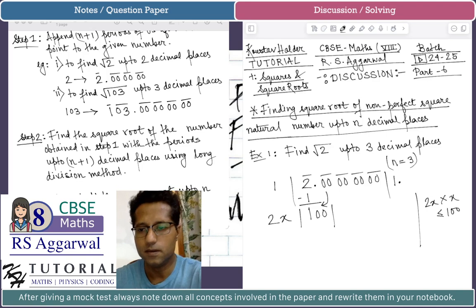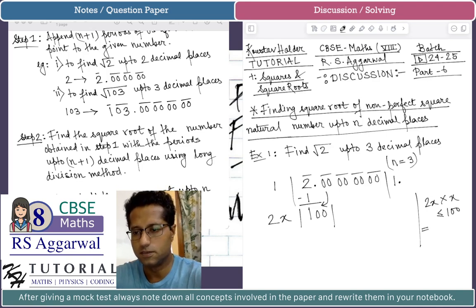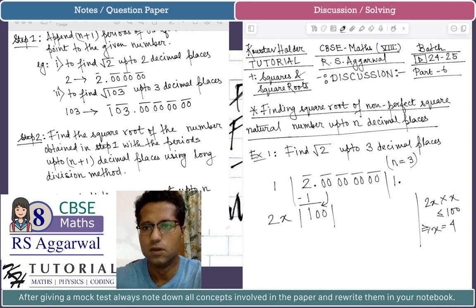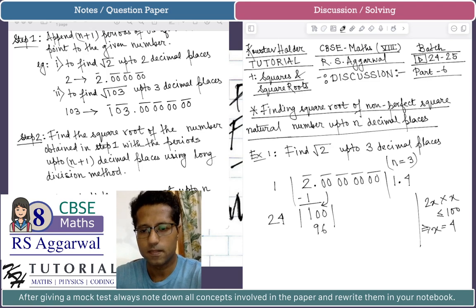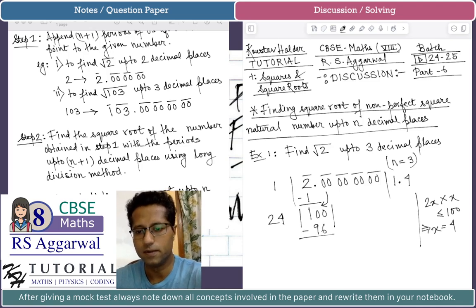This implies that x has to be 4. So we put 4 here, and we also append this 4 to the quotient, and 24 into 4 is 96. The remainder is 4.